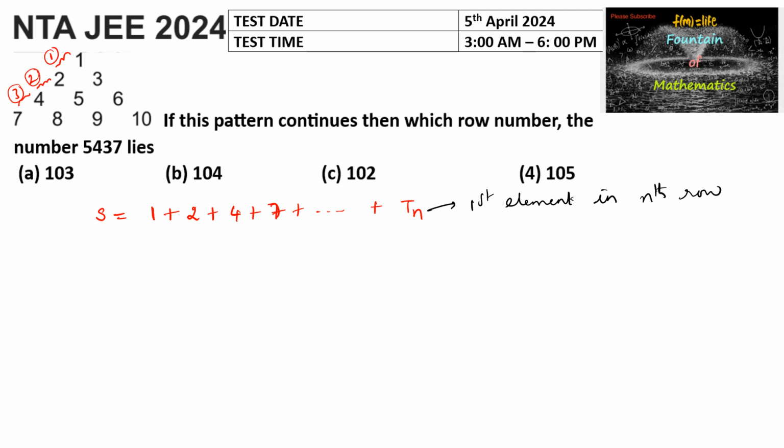Now the same sequence we can also write as 1 plus 2 plus 4 plus 7 plus and so on, Tn minus 1 plus Tn.